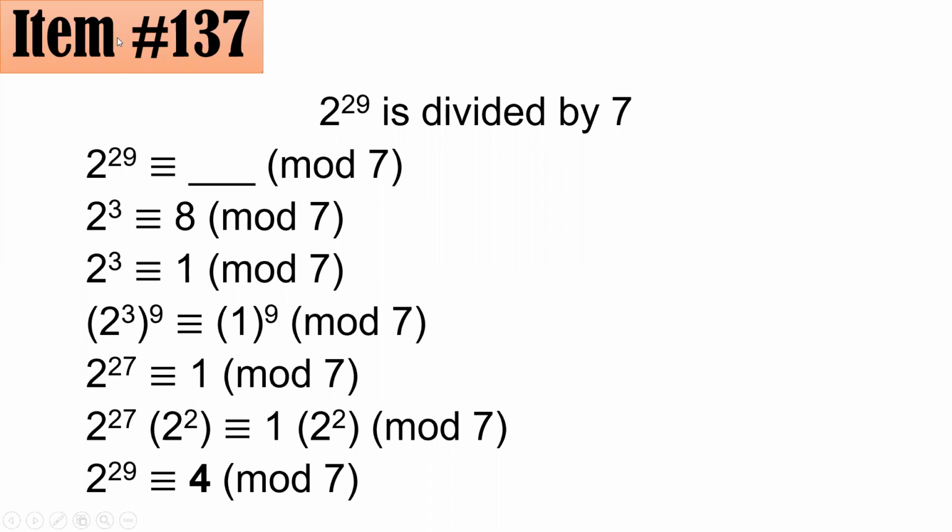And if you could see, 4 po yun nandito at na-reach na po natin yung desired expression natin. This tells us that 4 is the remainder when 2 raised to 29 is divided by 7. Letter D.